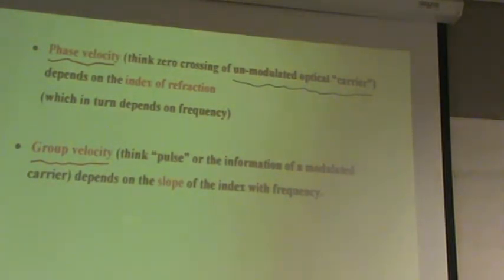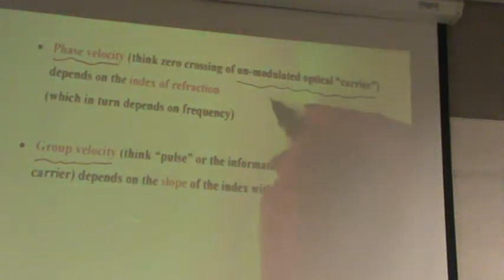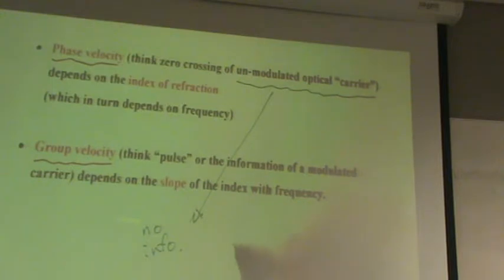Wi-Fi has a carrier frequency of 1.4 gigahertz. If I don't modulate, then without any modulation, there's no information. So it's kind of a pointless thing, but it happens.